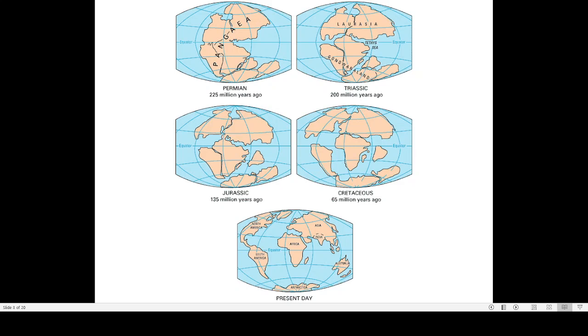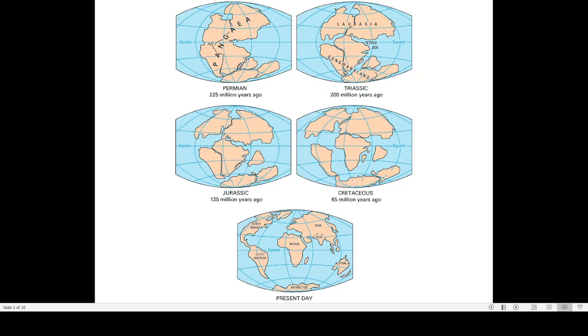So if we know how these movements of the continents have taken place, then only we will be able to explain the present day distribution. Why are there no elephants in many parts of the world? Now elephants are only present in Africa as well as India and some regions of Asia. There are no elephants in Australia.